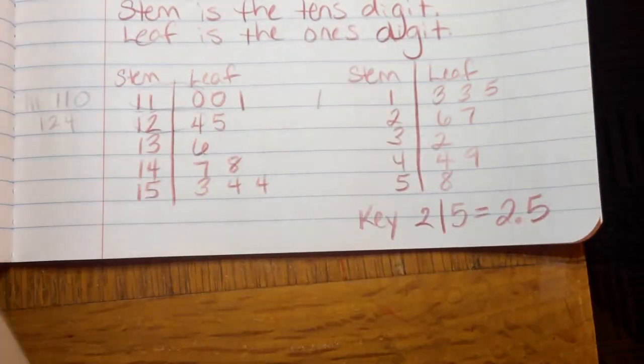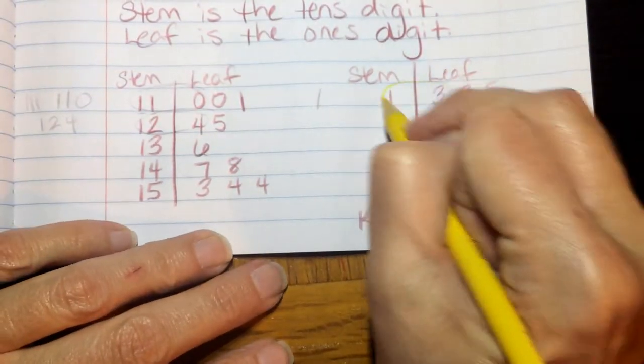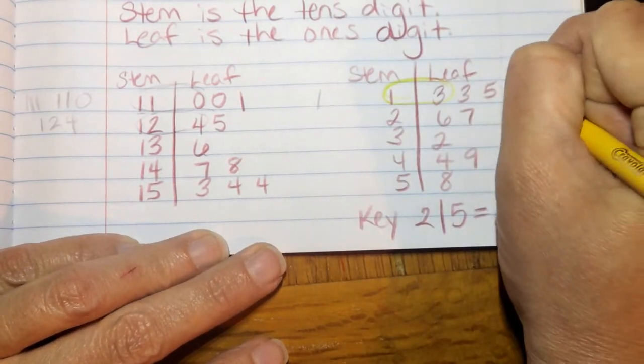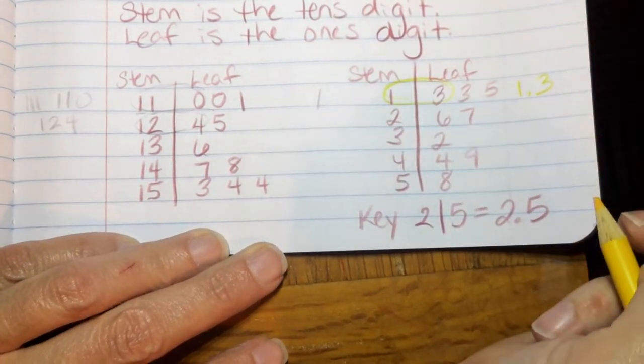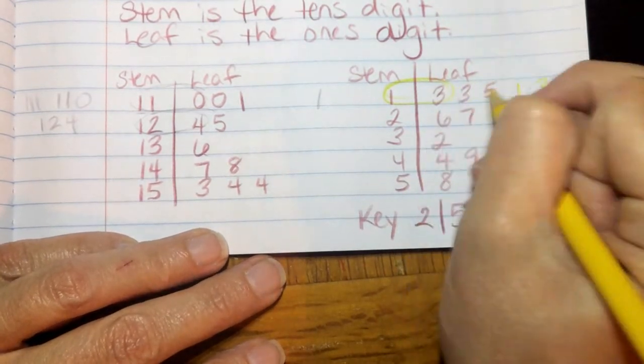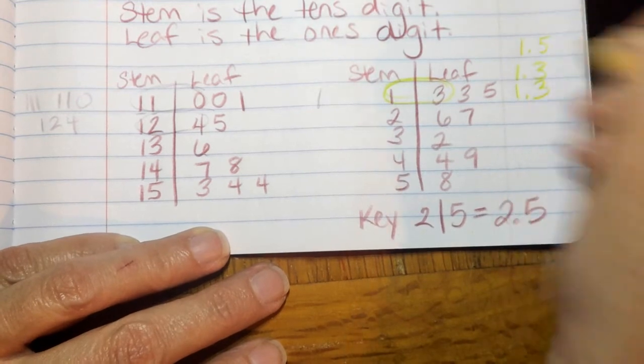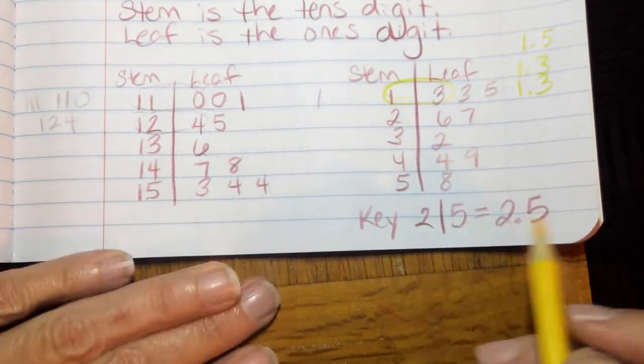So in this case, because my key tells me 2 line 5 is 2.5, this would be 1.3, or 1 3/10. And so there are 2 1 3/10s and 1 1 5/10 on this stem and leaf.